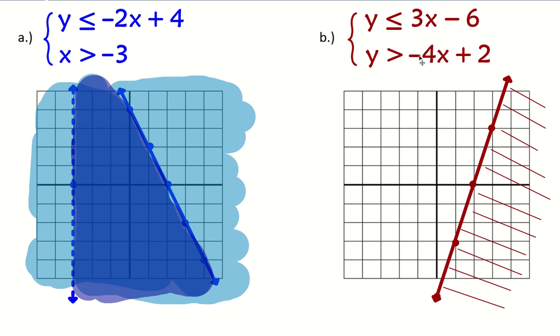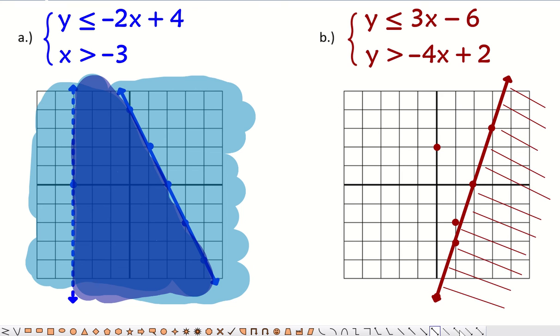So now the other one, once again, -4x plus 2. So I already know from the get-go that my b value is 2, and my slope is -4. So -4 over 1. 1, 2, 3, 4 over 1. And it looks like my line is going to be dashed.